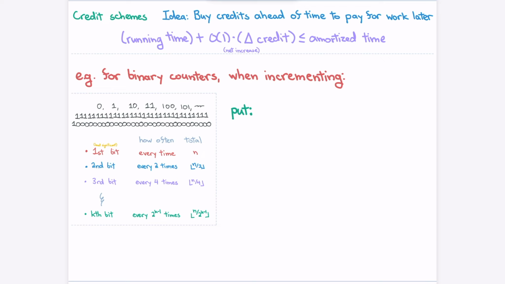Okay, so each operation I want to buy a certain number of credits and be able to clearly explain that, whenever I have to flip a ton of bits, I have as many credits in the bank as needed to flip all those bits. So any ideas?